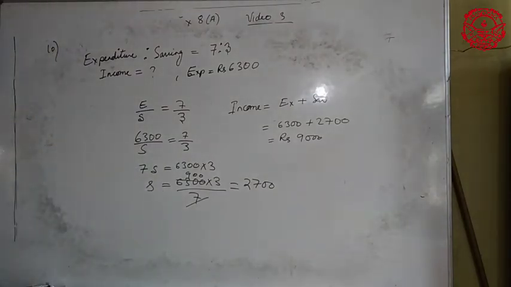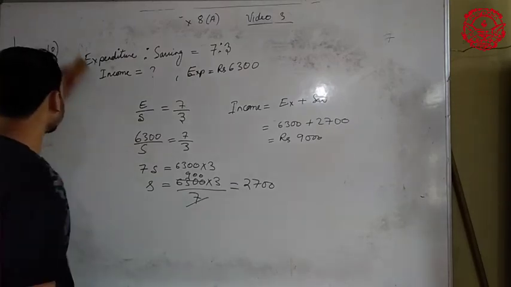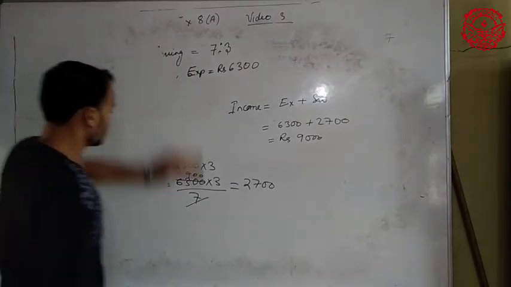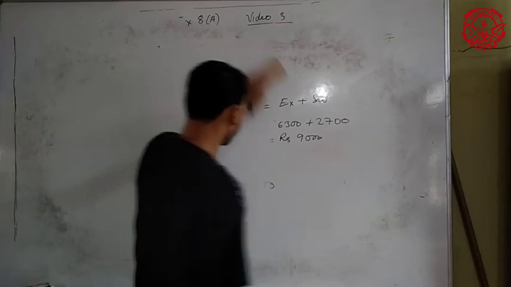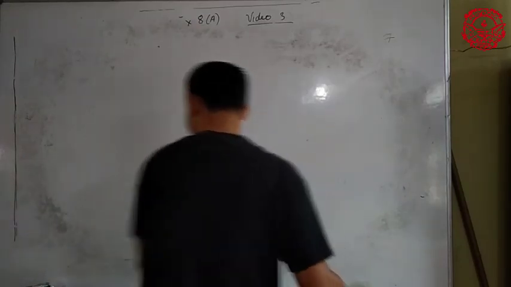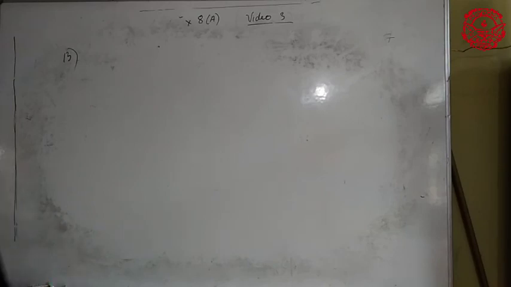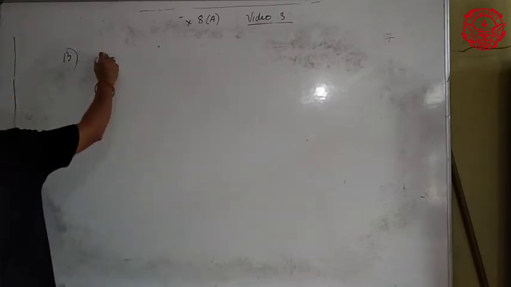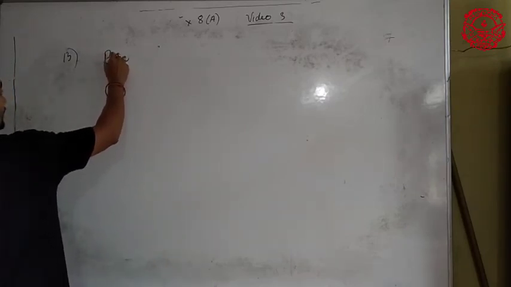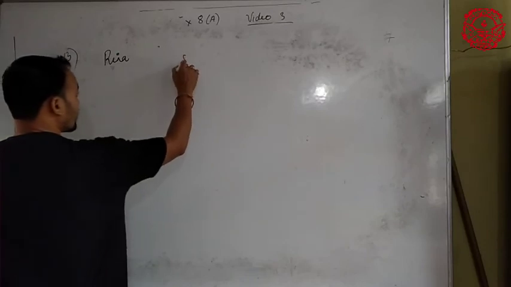Question number 13. This will be the last question. Reena lost her weight in ratio 5:3. There is a girl named Reena. She lost her weight in a ratio 5:3.